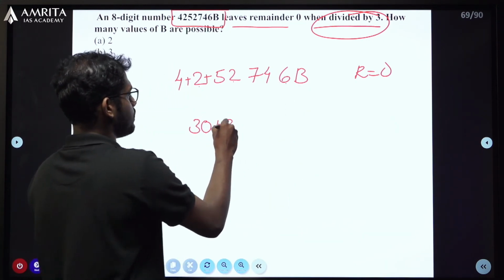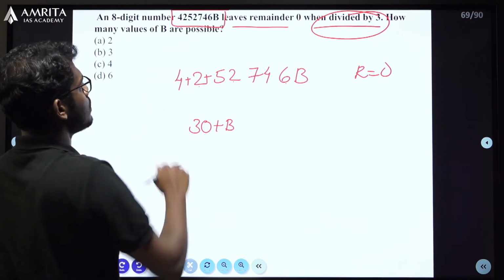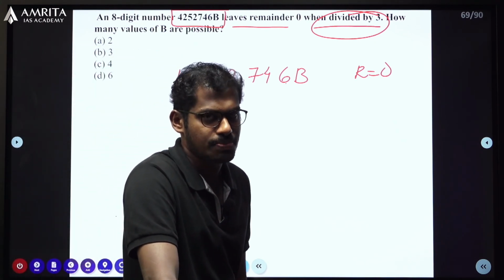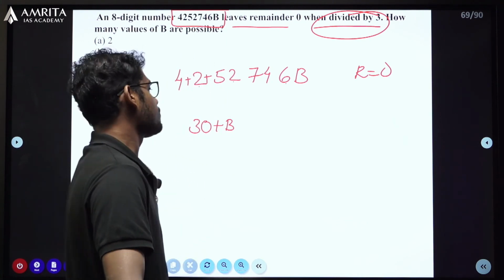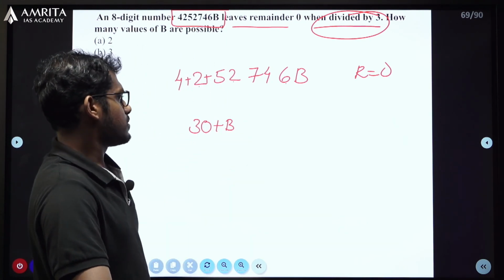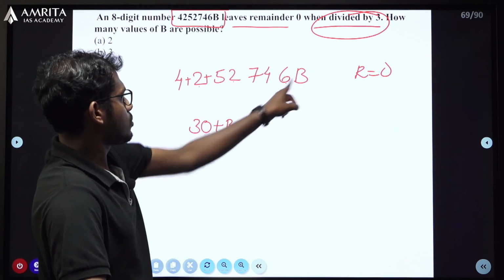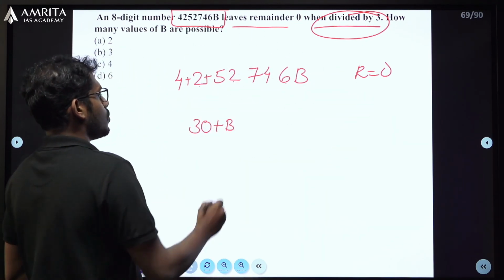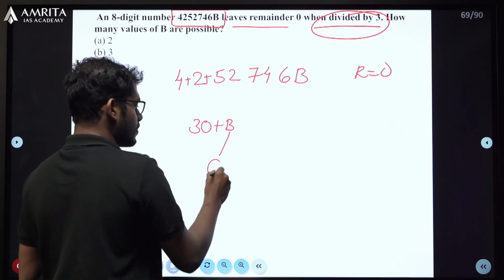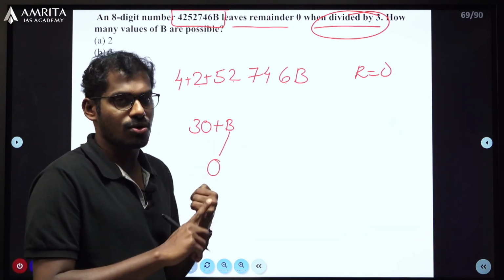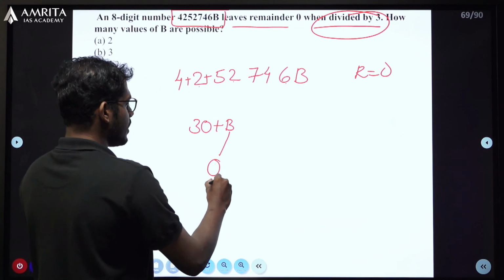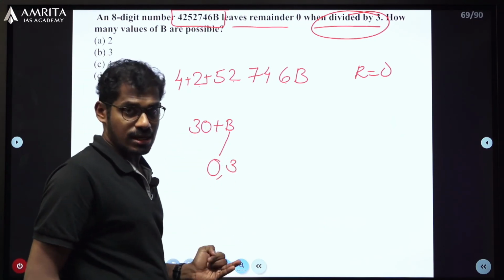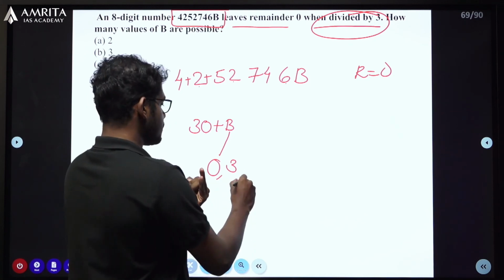So 30 plus b. If the number leaves remainder 0 when divided by 3, it is perfectly divisible by 3. So the sum of these digits will be a multiple of 3. So what values can b have? If b is 0, then 30 plus 0 is 30, which is a multiple of 3. If b is 3, then 30 plus 3 is 33, a multiple of 3.